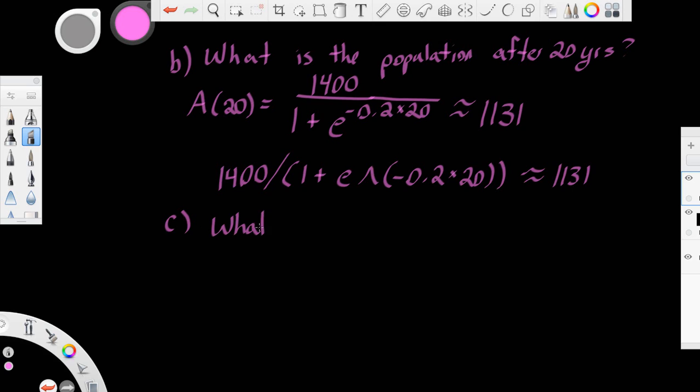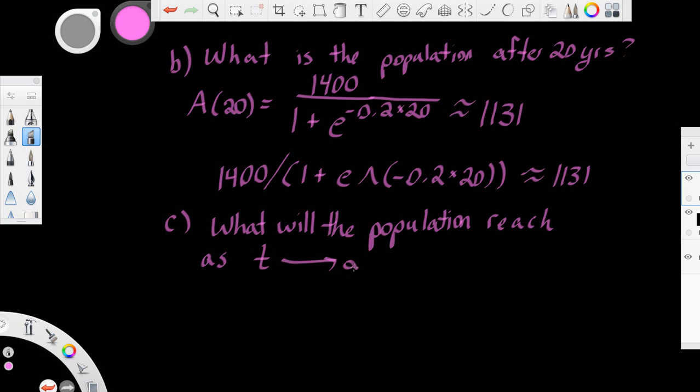Alright, now last but not least, for C, we want to know what the population will reach as t goes to infinity. As we look at the cheetah population forever and ever, does it ever actually taper off, or does it shoot down?